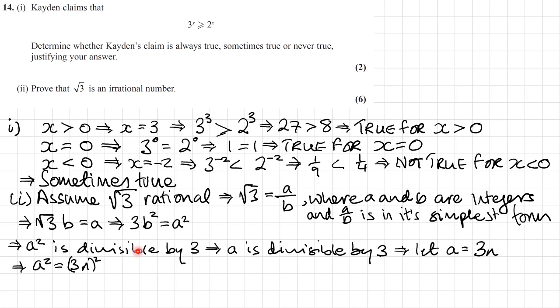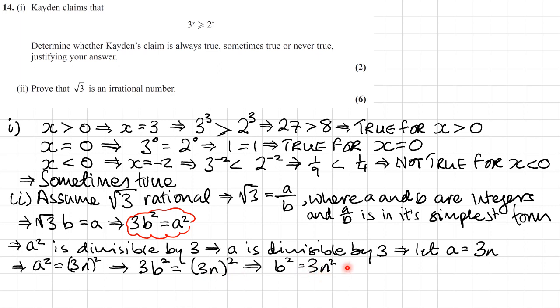Right, so now if we go back to this statement here, I'll just highlight that. We can now substitute the a squared that we've now got written as 3n squared into this statement. So we'll have 3b squared is equal to 3n all squared. Now if we divide both sides by 3, we'll get b squared is equal to 3n squared. That's because if I'd expanded the brackets, I'd have got 9n squared, and 9n squared divided by 3 would be 3n squared.